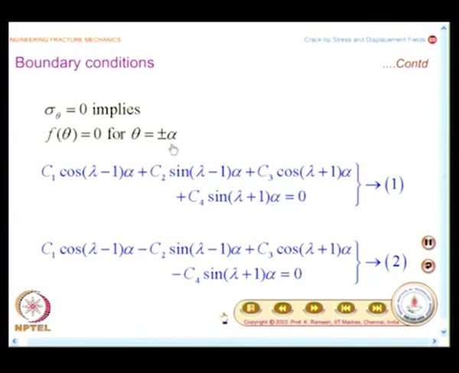And instead of plus alpha, I will make it minus alpha, the sin terms will change the sign, cos term will remain as such. So I get the second expression as C1 cos lambda minus 1 alpha minus C2 sin lambda minus 1 alpha plus C3 cos lambda plus 1 alpha minus C4 sin lambda plus 1 alpha, that is equal to 0.